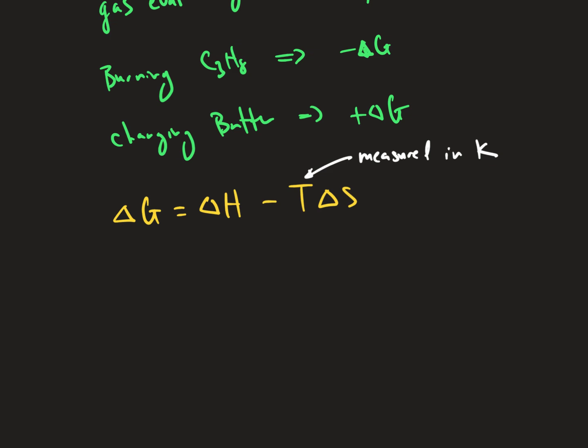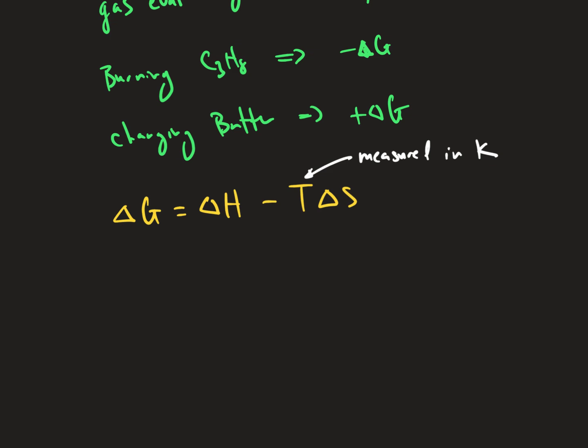It's also on our reference sheet. Okay? And the reason it has to be Kelvin is because if we have a negative temperature, well, that'll change everything. And Kelvin doesn't get negative. Are we good?